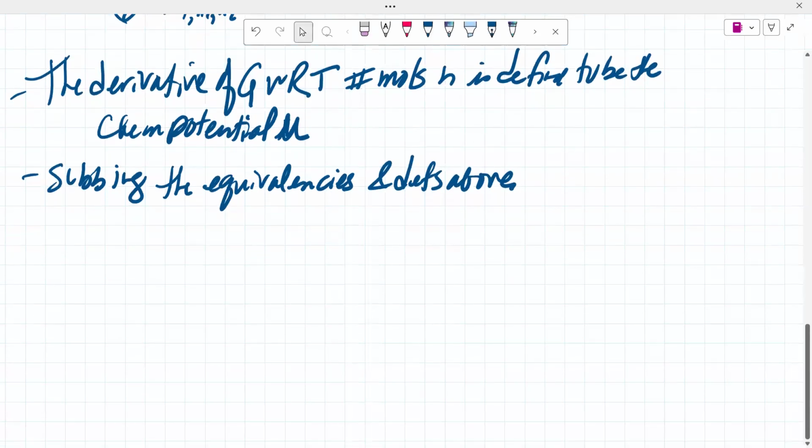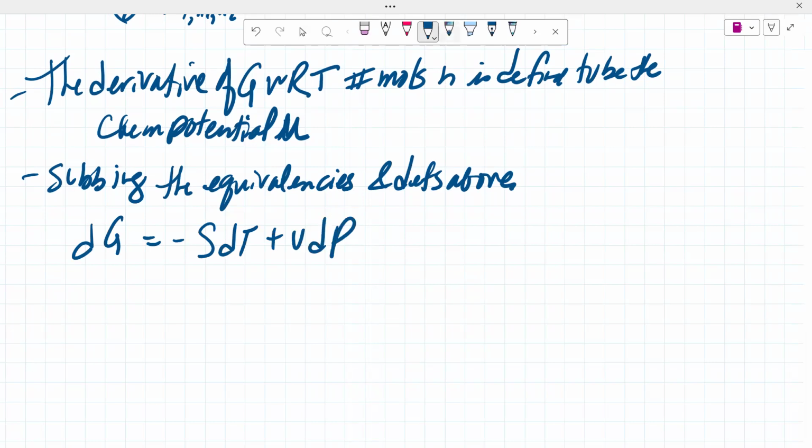Okay, so what we're going to do is sum in the pieces that we just wrote about. So let's write it out and then let's find where the pieces came from. All right, so dG equals negative S dT plus V dP plus mu1 dN1 plus mu2 dN2.